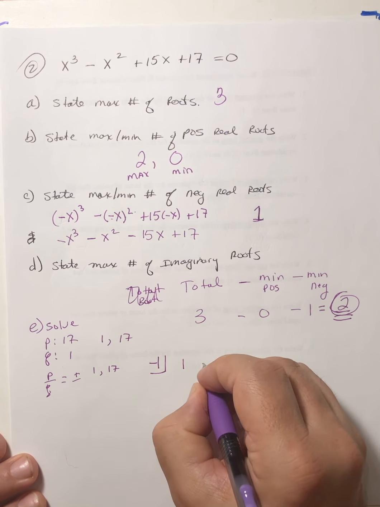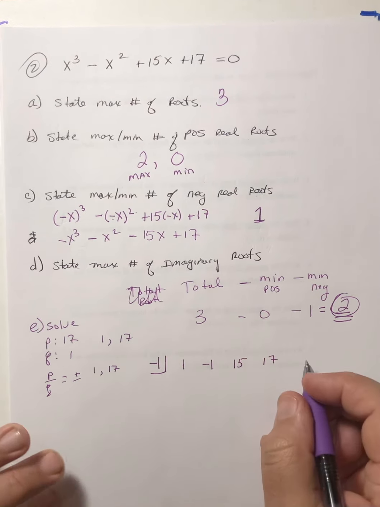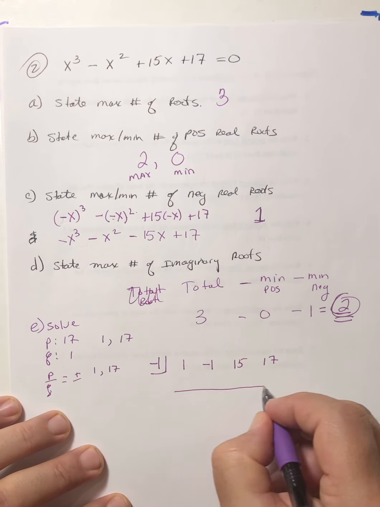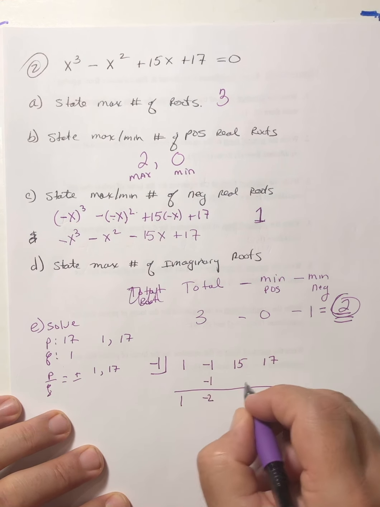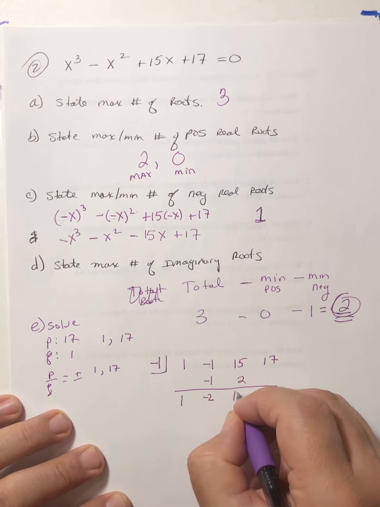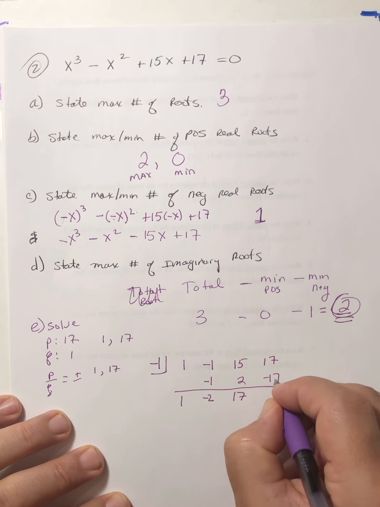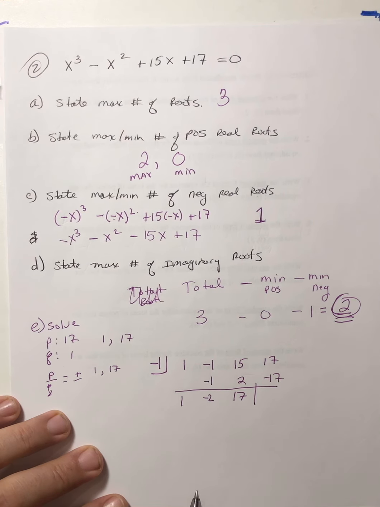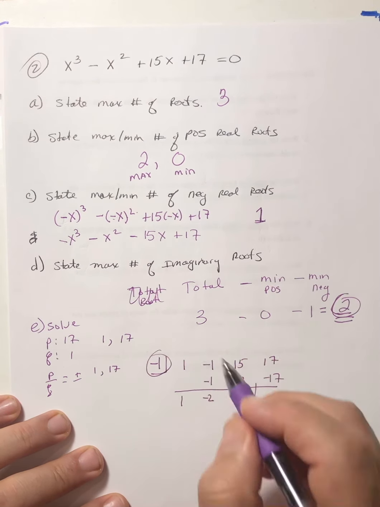So 1, -1, 15, 17. So drop the 1, -1, -2. So it's 2, 17. Look at that, it works. Yay. So we have our one negative real root.